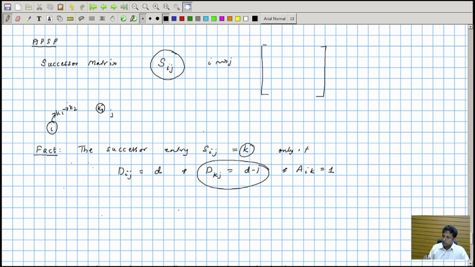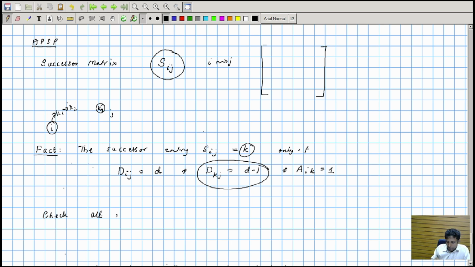If we can find such an entry, such that it's a neighbor and its distance is d minus 1, then we can compute the successor matrix. Well, we can look at all possible neighbors of i. That would be the naive algorithm.